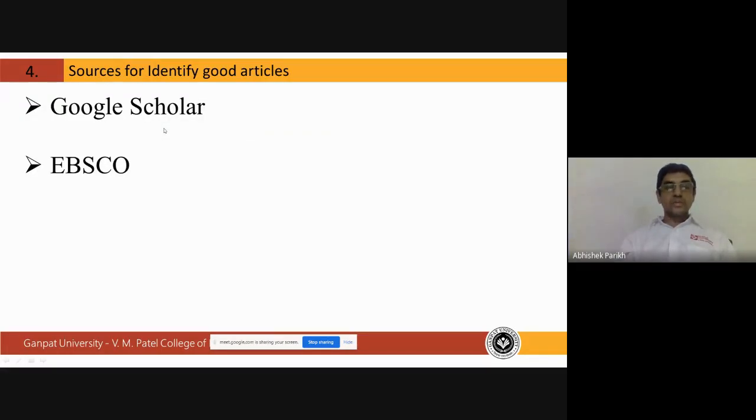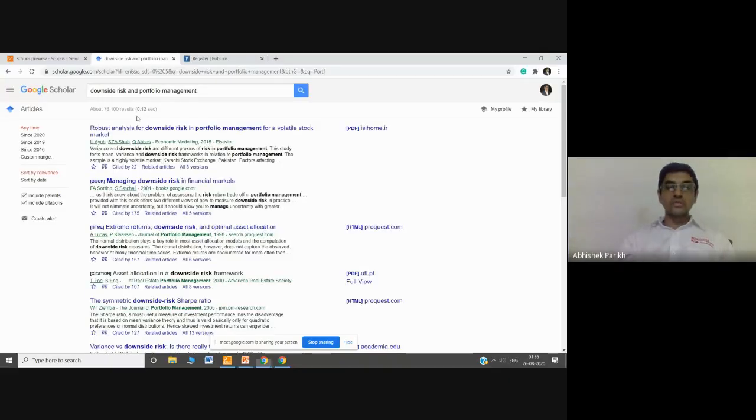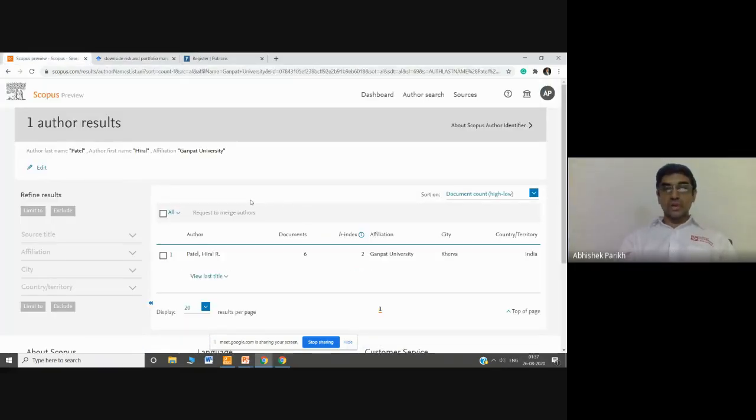EBSCO is another source of good research articles. But I prefer the easiest way, which is Google Scholar, because first you need to start with Google Scholar. Of course, within Google Scholar, you need to identify the good publishers. So only include an article in your research if it is a Scopus listed journal article, right? Because nowadays, as I already explained, the important thing is the Scopus profile. If you are citing a Scopus listed publication, it will improve somebody's Scopus profile.